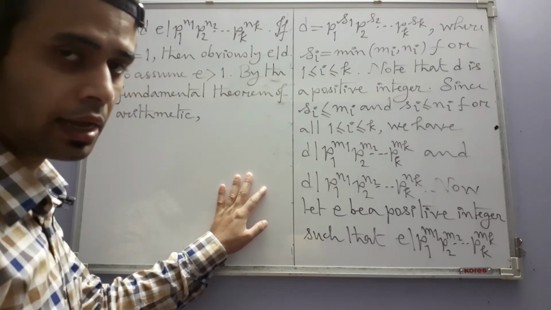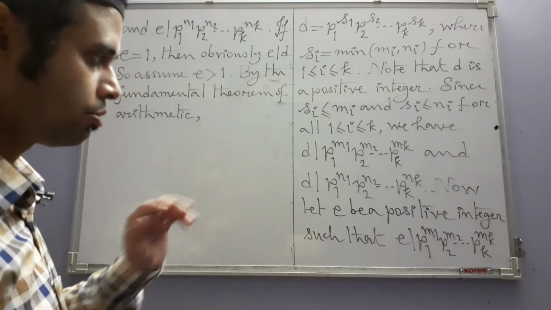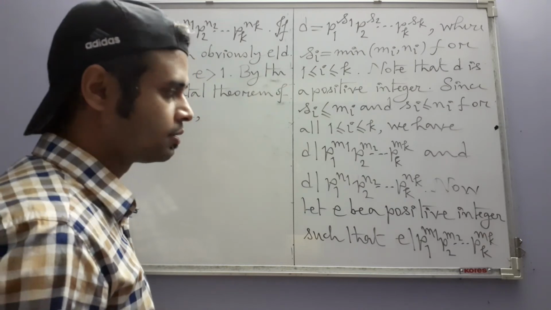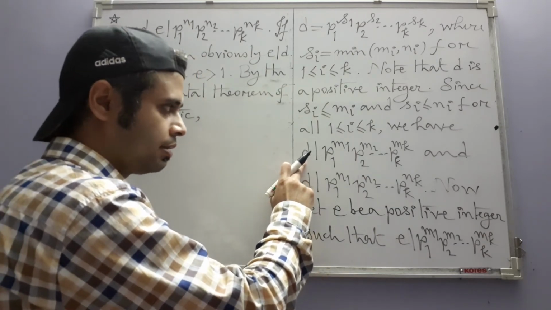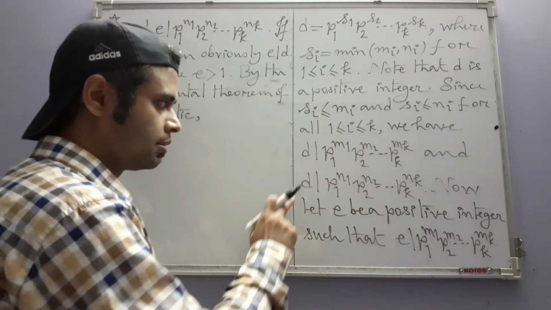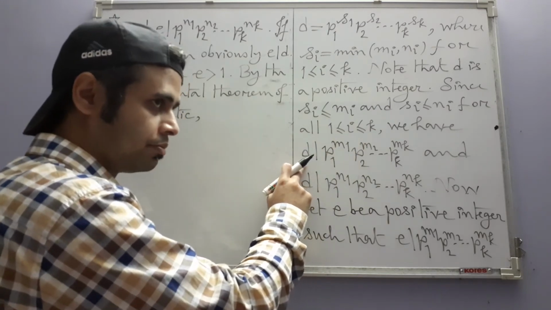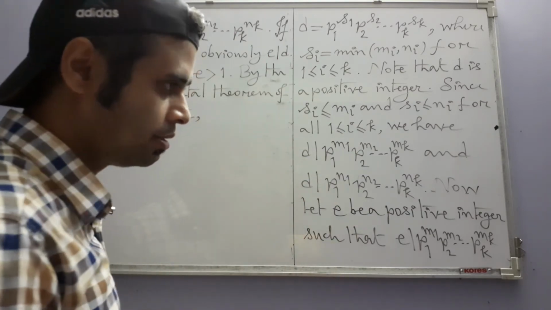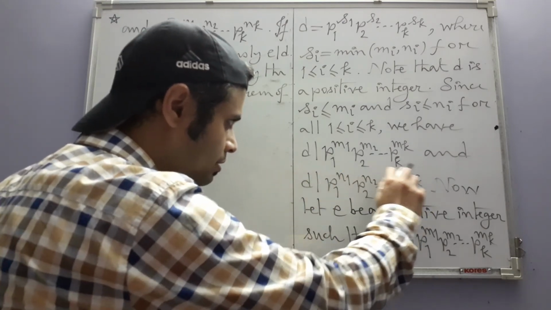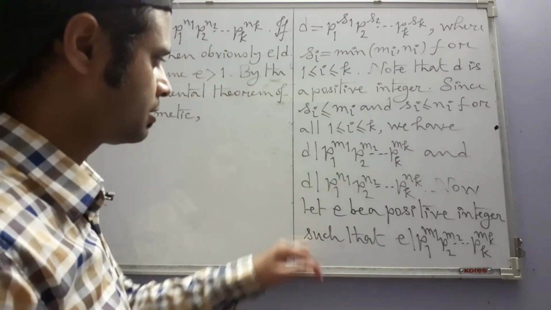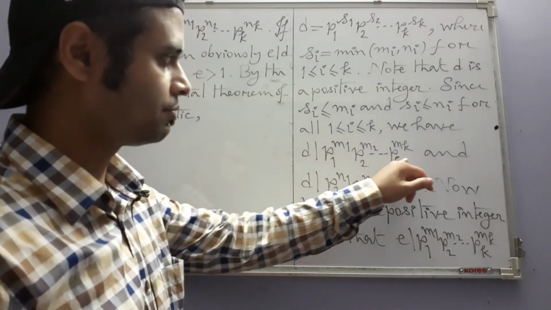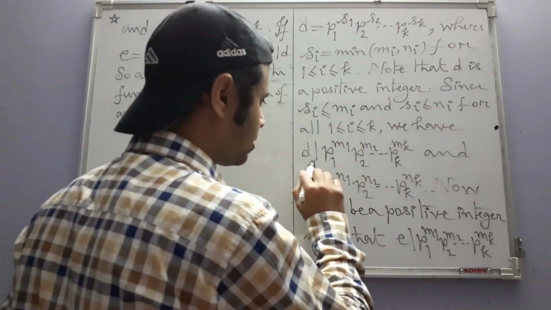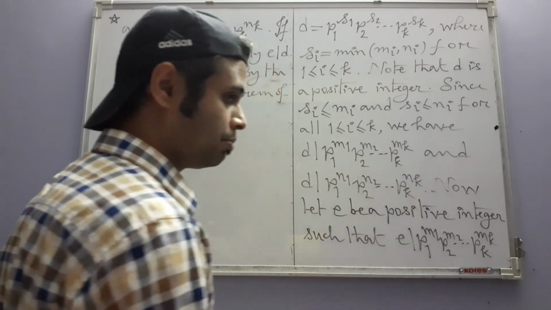What are the primes that can appear in that factorization? Those primes cannot be anything other than these primes, because if you have something else that is none of these primes, then that prime, being a factor of e, divides the first number, so that prime should also divide this product. In that case, that prime should divide at least one of these factors, and that would imply that that prime divides at least one pi.